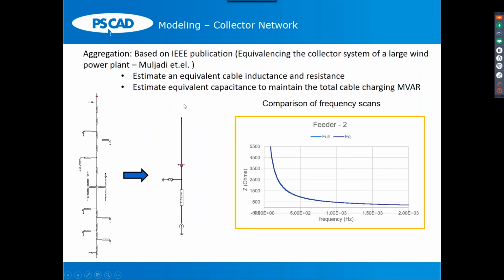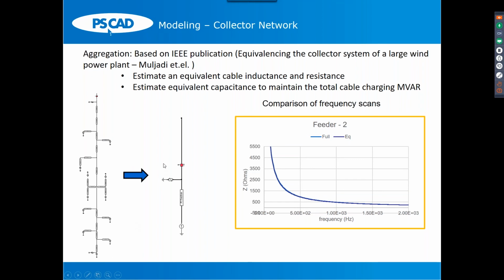Then you also have to estimate an equivalent capacitance. Practically speaking, you add up the capacitances of the different segments, so that your aggregated representation will have the same cable capacitor charging as the full network. Right? That's essentially what you will achieve.